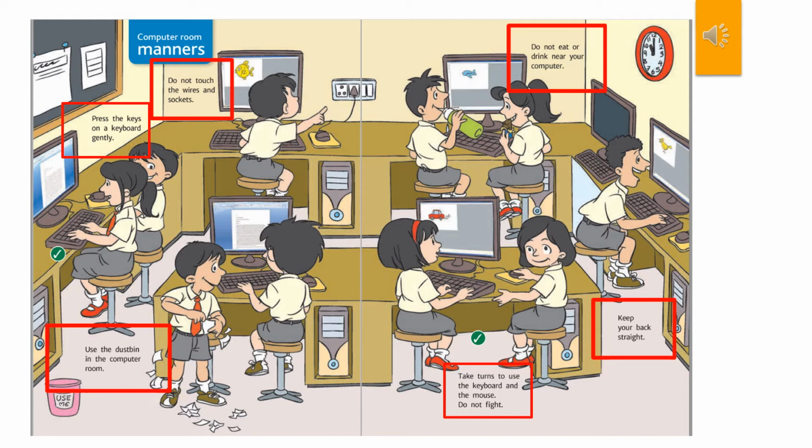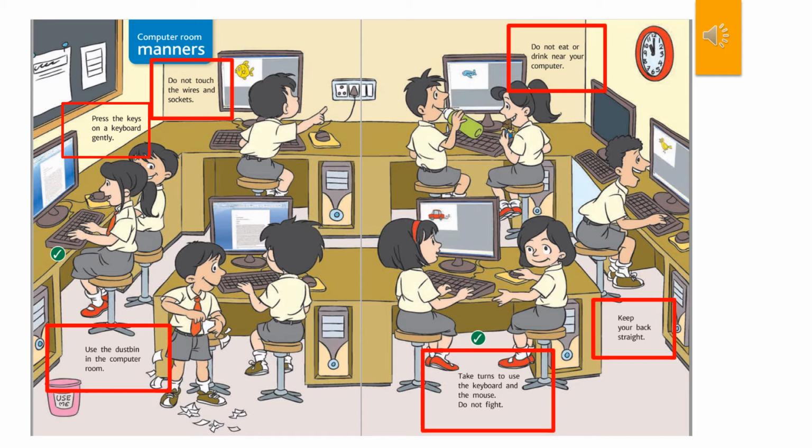The next point is, take turns to use the keyboard and the mouse. And do not fight. If you fight and if you spoil the parts of the computer, then you will be unable to work on it.